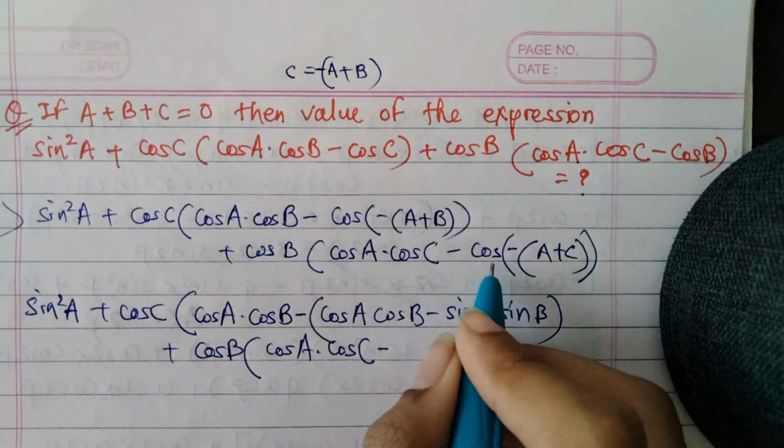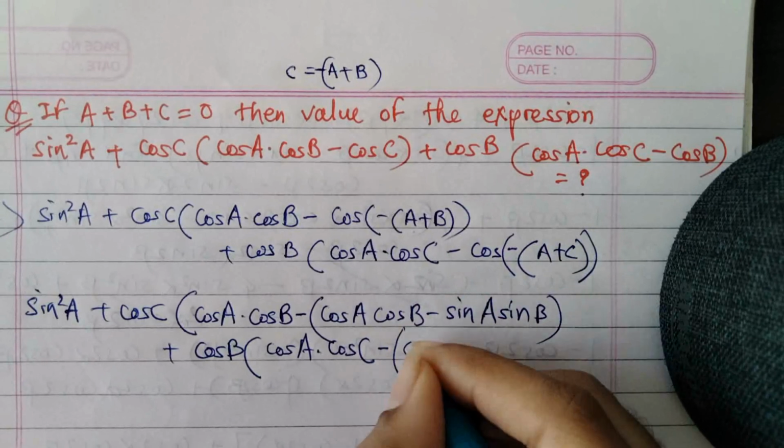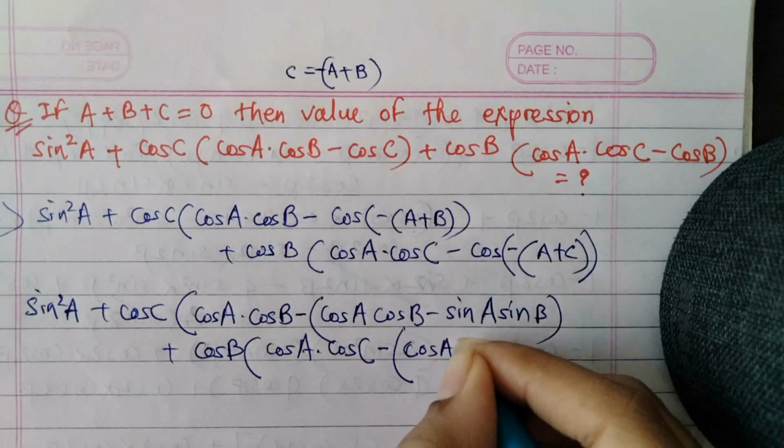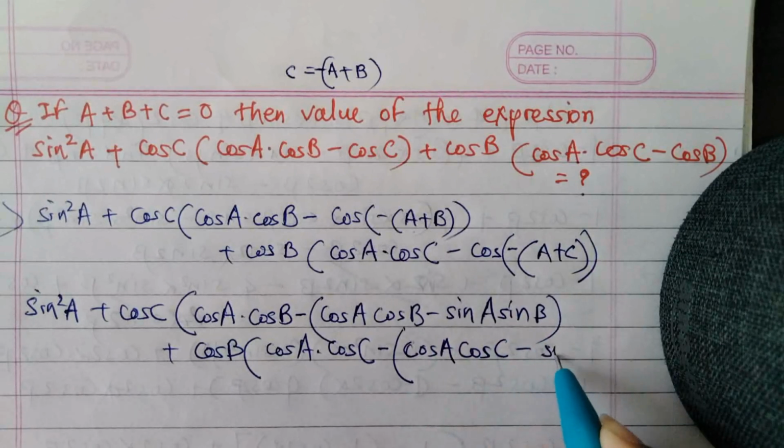So again expand using the formula: cos A plus C will be cos A cos C minus sin A sin C.